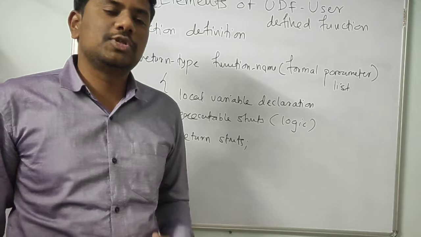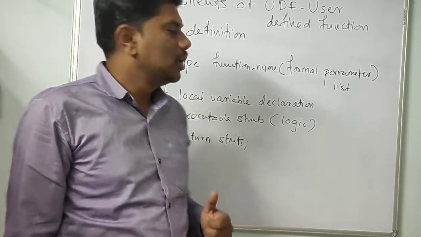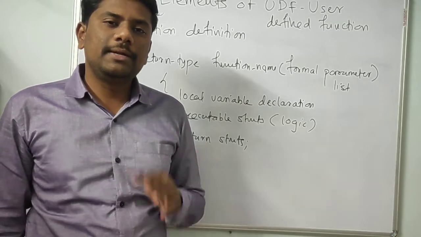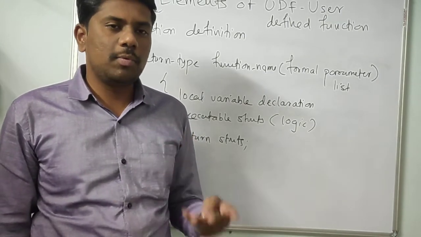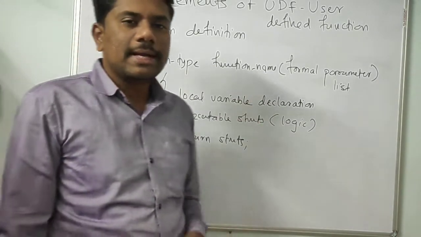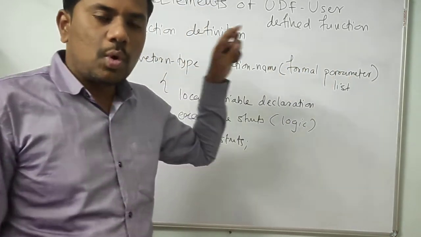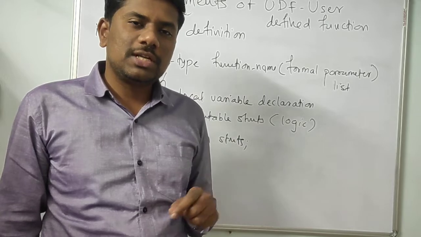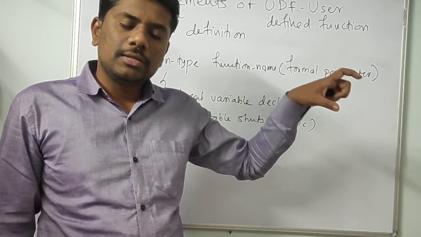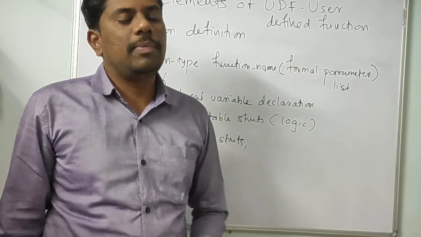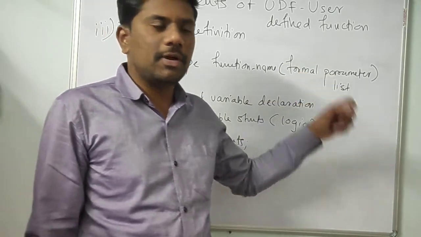So this is the general syntax of function definition. Function definition is also called function implementation. The return type, as we have already seen, can be int, float, char, double, or it can be void. Then the function name can be any valid C identifier, then the formal parameter list. Whatever values are sent by the calling function will be received in these formal parameters. They are the dummy values.